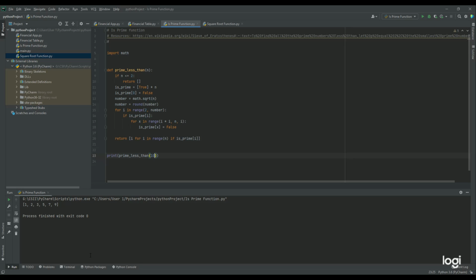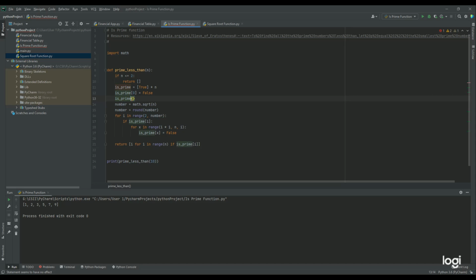Hold on, give me a sec. We know that 9 is not prime, so I'll have to figure out, let's see, maybe set is prime the number 1 to false.